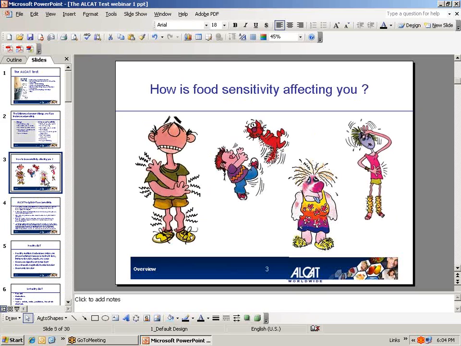Obviously, this diagram talks about skin reactions, digestive upsets, headaches, migraines, the type of conditions that we see with the autoimmune and chronic inflammatory disease range from diabetes to heart disease, arthritis, inflammatory bowel disease, migraines, and so forth.